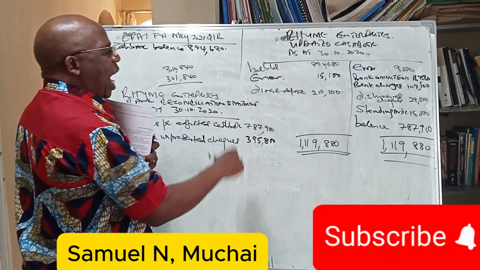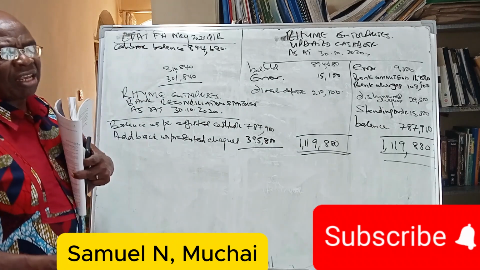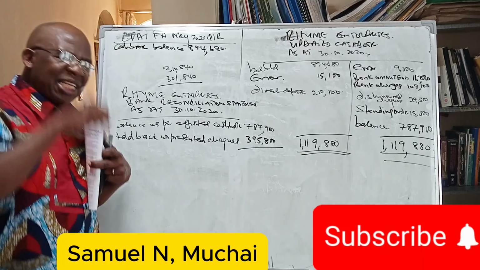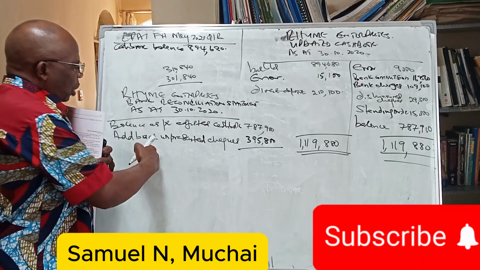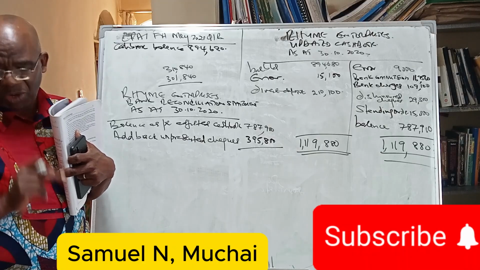Now, for this one, we don't have errors. But we are saying, whatever errors the bank has done, if we make the same error, we capture it in the adjustment, we should be able to get the same balance with the bank.